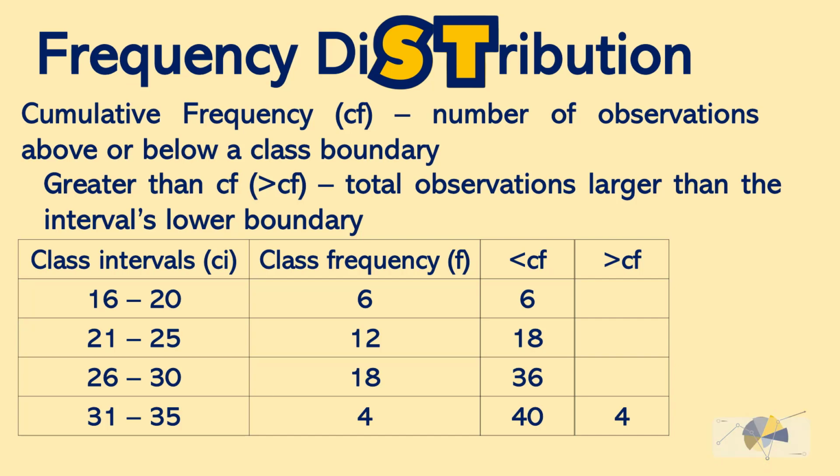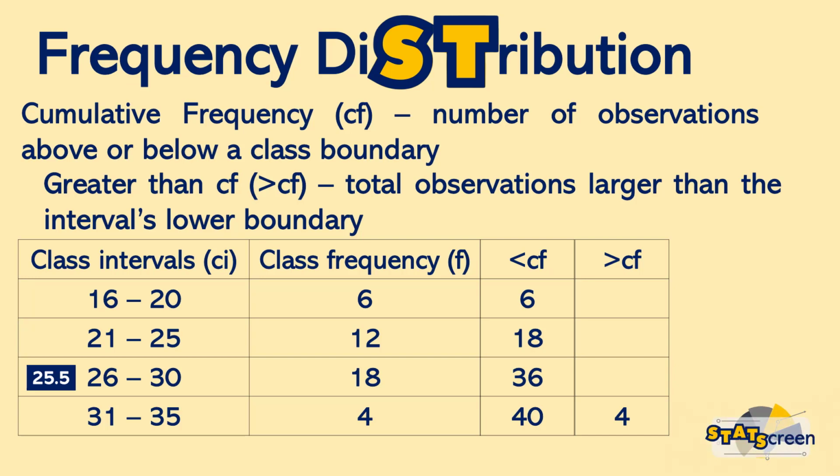The next is for the lower class boundary of the third class interval, being 25.5. And we are to count the number of observations larger than this lower class boundary. Notice that for this class interval, the class frequency is 18. In short, 18 observations have values ranging from 26 to 30, and they are all greater than 25.5.